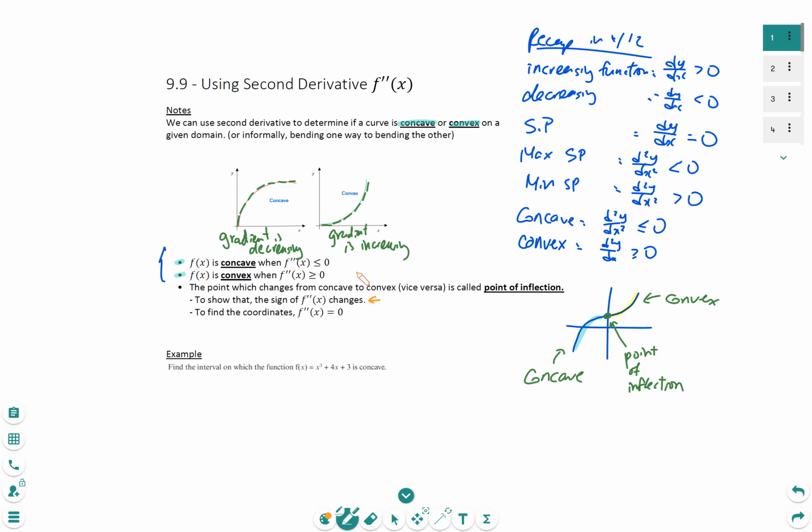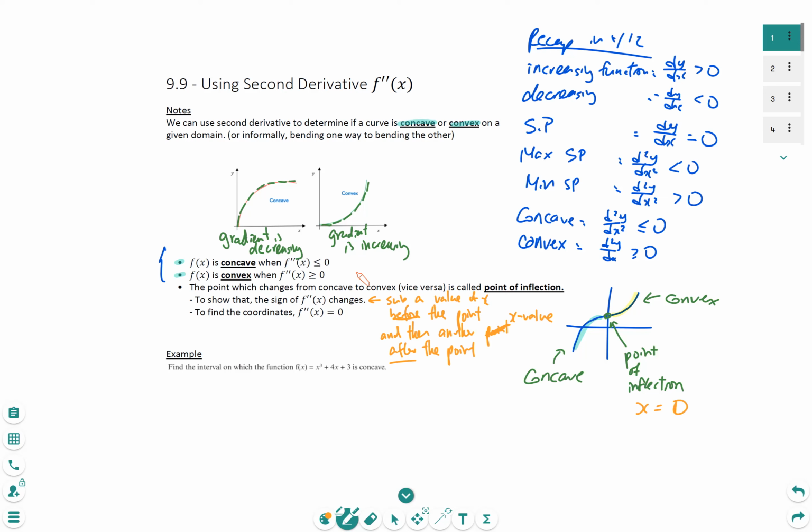For this one, you need to sub in a value of x before the point, and then another x value after the point. So it's before and after. You show a point before and after. Let's say this point of inflection is at x equals 0.